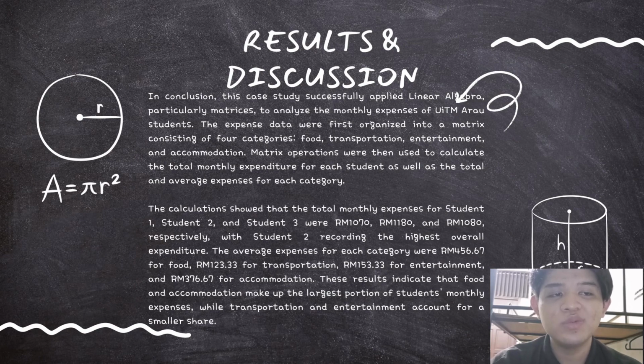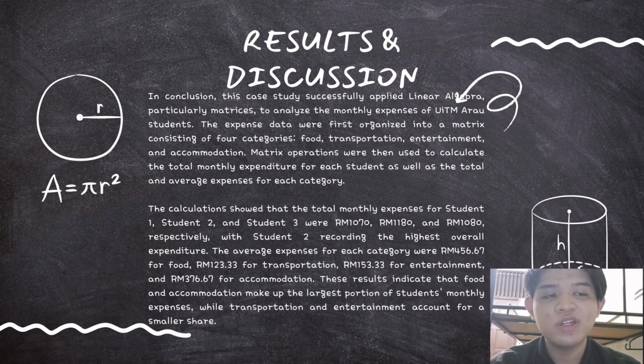Matrix operations were then used to calculate the total monthly expenditure for each student, as well as the total and average expenses for each category. The calculation showed that the total monthly expenses for student 1, student 2, and student 3 were 1,070 ringgit, 1,180 ringgit, and 1,080 ringgit respectively, with student 2 recording the highest overall expenditure.